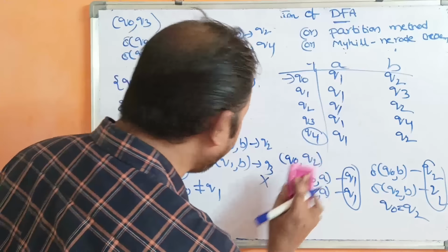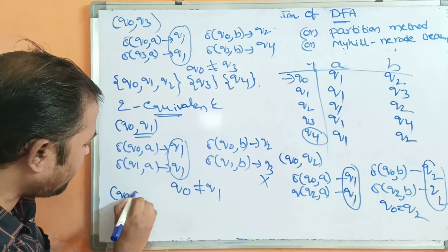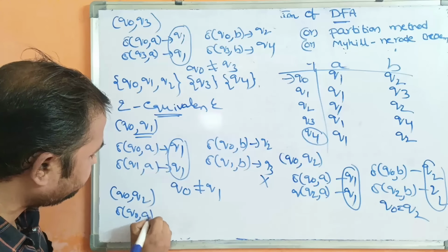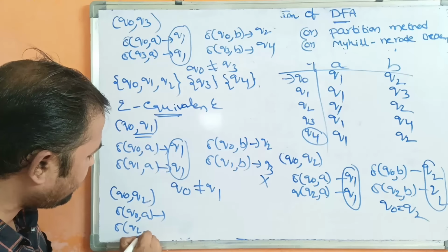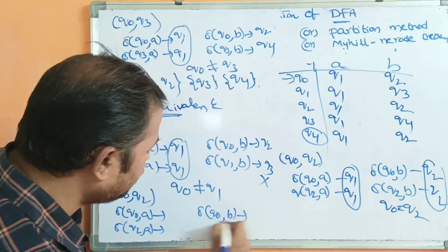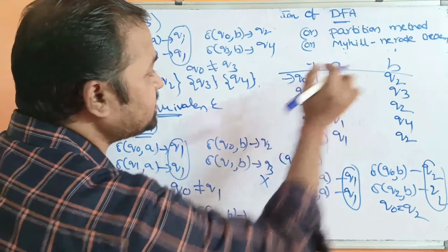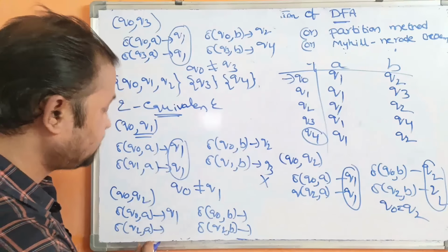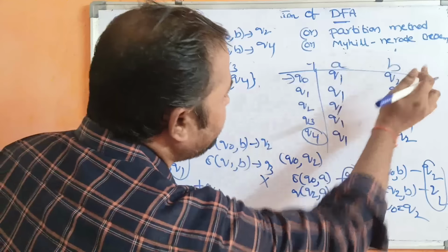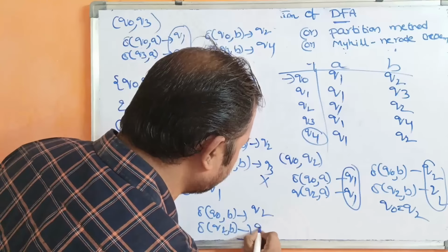Now we have to compare Q0 with Q2, whether Q0 and Q2 are equal or not. So delta of Q0 comma A, next delta of Q2 comma A, next delta of Q0 comma B, next delta of Q2 comma B. Q0 on A means Q1, Q2 on A means Q1, Q0 on B means Q2, Q2 on B means Q2.